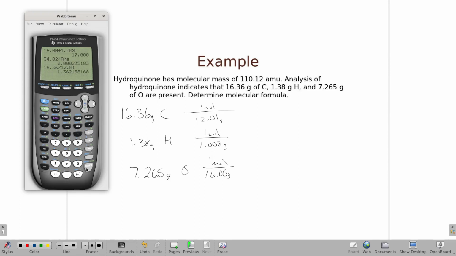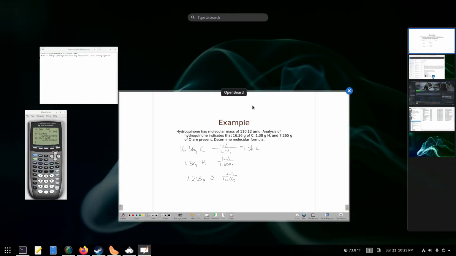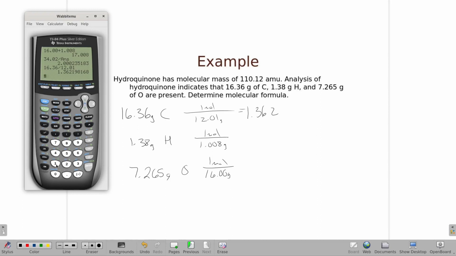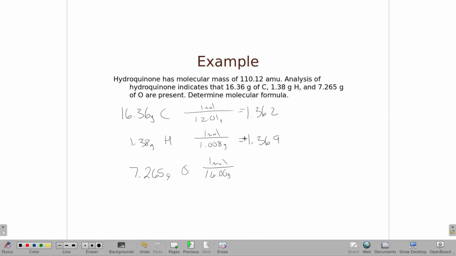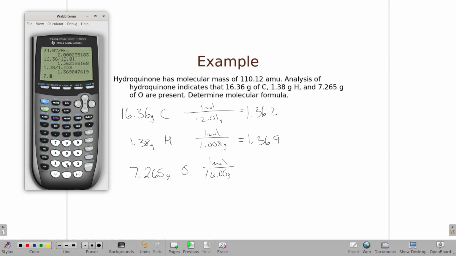That is 1.362. That is 1.369. And last one, 7.265 divided by 16 is 0.454.